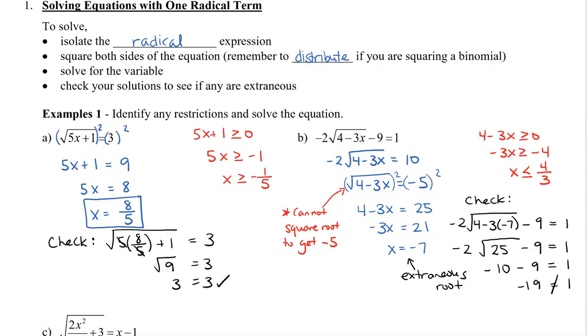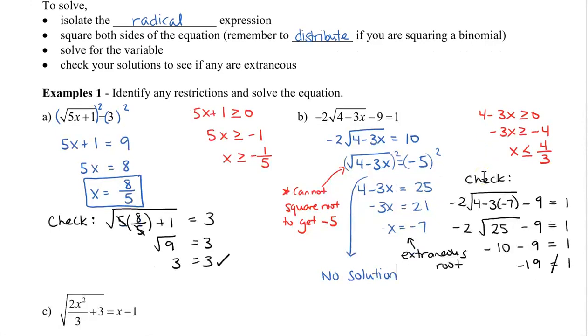Now, this is what would happen if you actually went through and followed this all the way, okay? But if you do notice at the beginning that when you square root 4 minus 3x, it equals -5, then you can stop. And then what you can do is write that in either case, there is no solution to this question here.